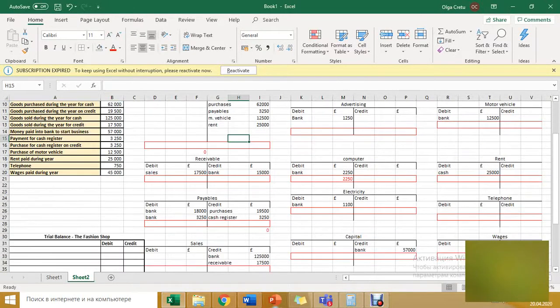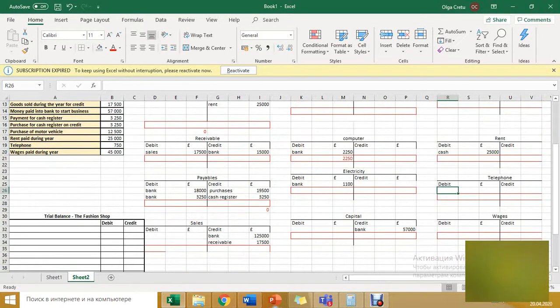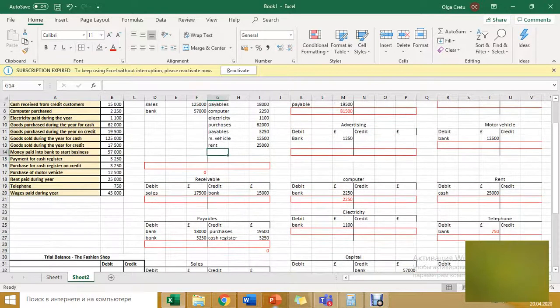And then we paid for our telephone line in cash from our bank account, 750. Obviously we credited the bank, telephone.